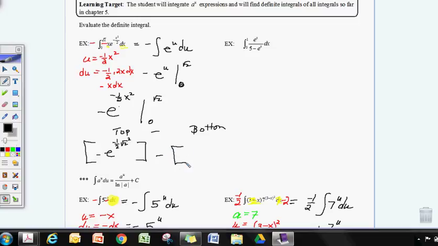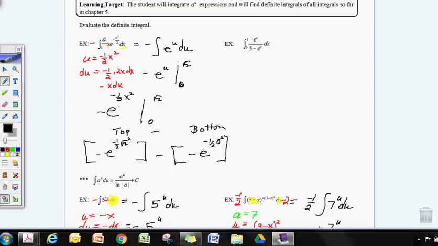Subtract negative e raised to the negative 1/2 of 0 squared power. Remember, anything to the 0 power becomes 1, so that easily would wipe out. And square root of 2 squared is 2 with the 1/2. This just turns out to be negative e to the negative 1. You could do that without a calculator, but I'm just reminding you of what to do.